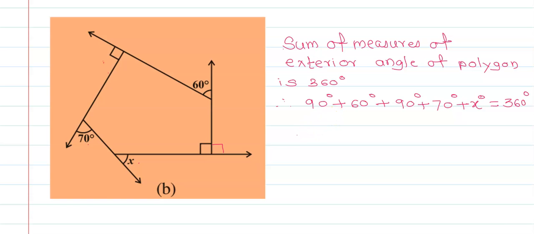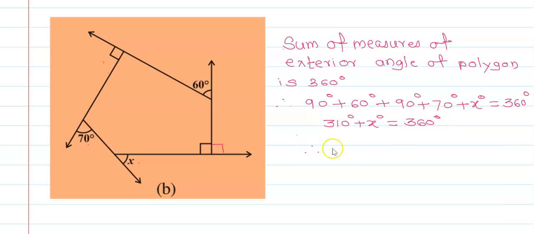Now the sum: 90 plus 60 is 150, and 150 plus again 90 you will get 240, 240 plus 70 you will get 310, 310 plus x degree is equal to 360.